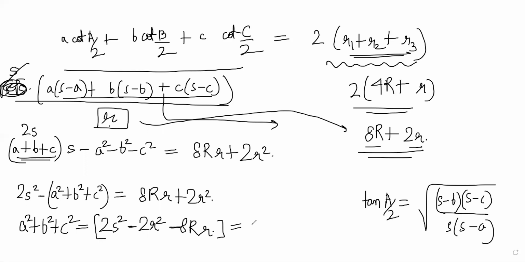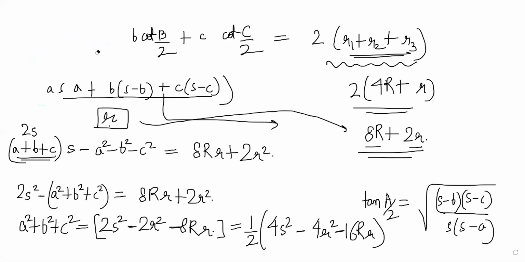Fine. So this can be written as half of (4s square minus 4r square minus 16Rr). And why did I do that? Because I can now write (a plus b plus c) whole square here.